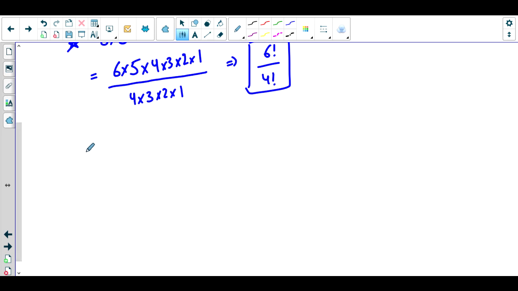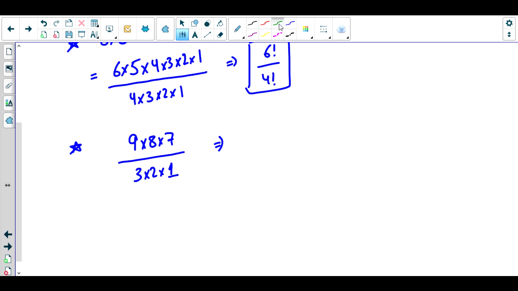Let's solve some more practice questions. Let's say we have this question: 9 into 8 into 7 divided by 3 into 2 into 1. We have to write it in factorial form. Now again, you have to analyze the question. This is starting from 9. So what should I do so it becomes 9 factorial?